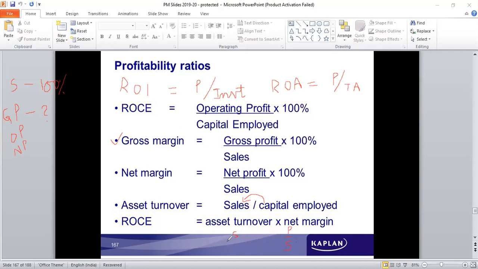So ultimately we would have profit divided by total assets, as sales and sales get cancelled. Return on capital employed or return on total assets is ultimately the same thing. But we get to understand the asset turnover ratio and the profit margin. So these two things can be understood. So this set of ratios talks about the profitability aspect.